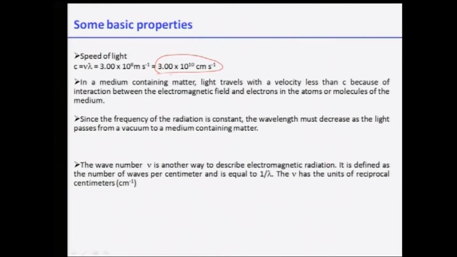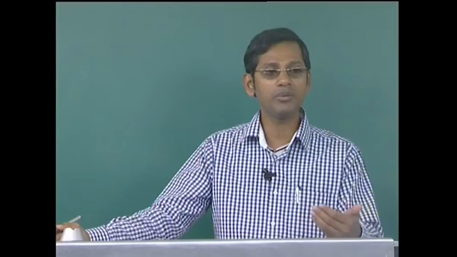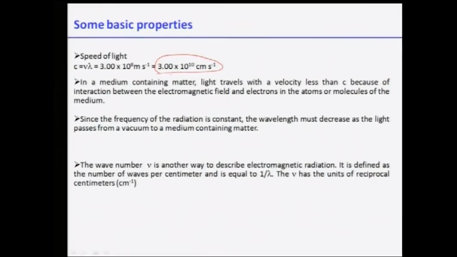Basically the electromagnetic radiation interacts with electrons in the atoms or molecules in the medium, and that is how the velocity of the light gets reduced. Since the frequency of the radiation is constant, when light passes from vacuum to a medium containing matter the wavelength will also decrease.